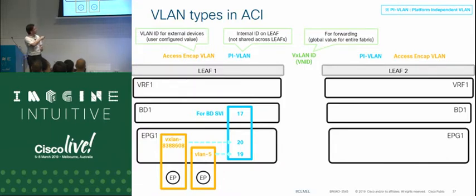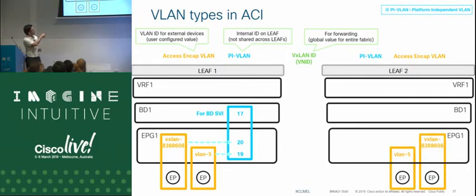Even if it's mapped to a PI VLAN, we have more than one, so we can't decide which one to use. That's why we have one PI VLAN for the bridge domain, the L2 forwarding domain, to create the SVI. But again, this ID is only for this particular leaf. The same mechanism happens on another leaf, but the ID itself may be different.